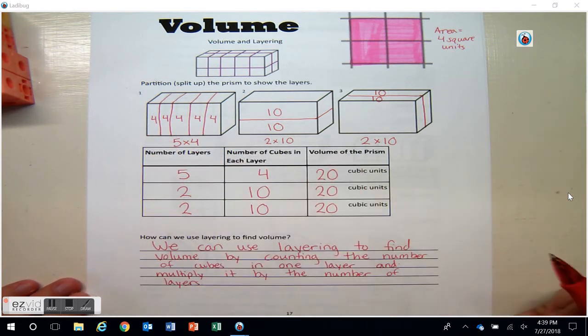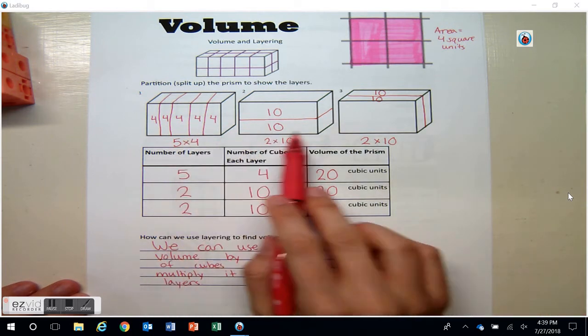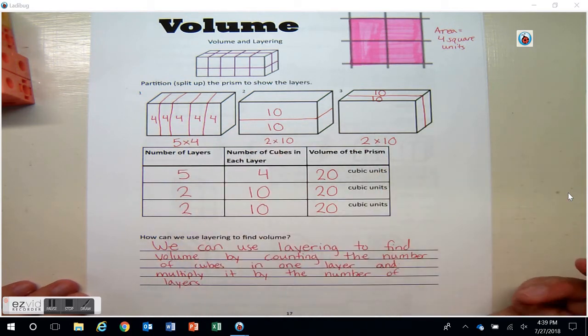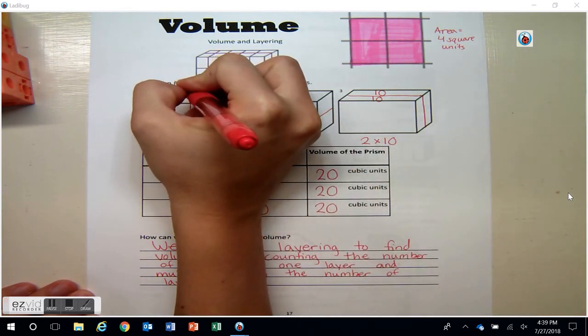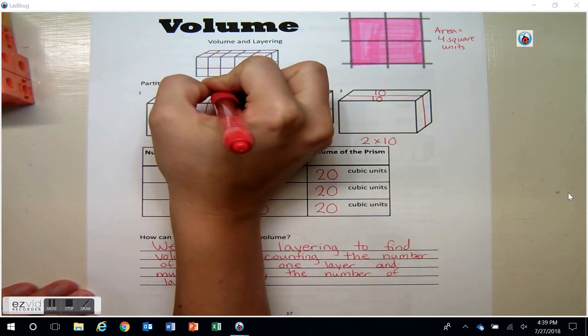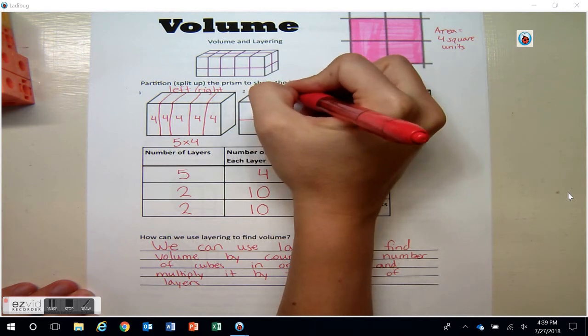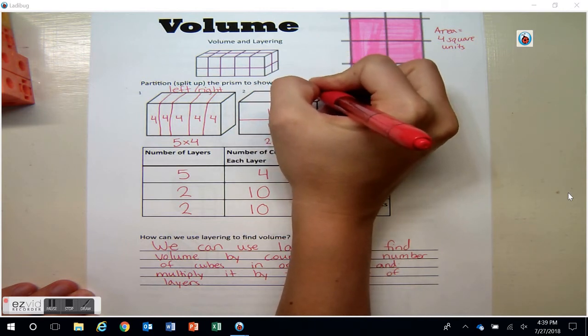Don't forget, it's easy for us to partition it in one way, but we challenge ourselves to do different ways so that we can view the shape in a different way. Here we're going from left to right. Here we're going from top to bottom.